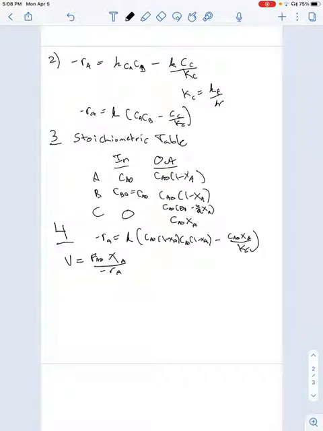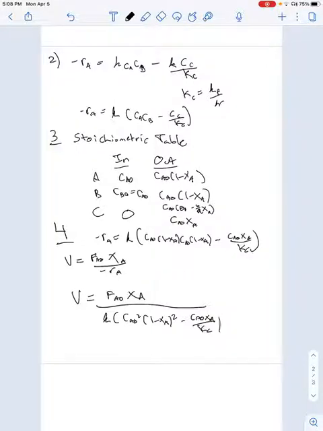So now we have rA, so V equals FA0 XA divided by k CA0 squared times (1 minus XA) squared minus CA0 XA over Kc.